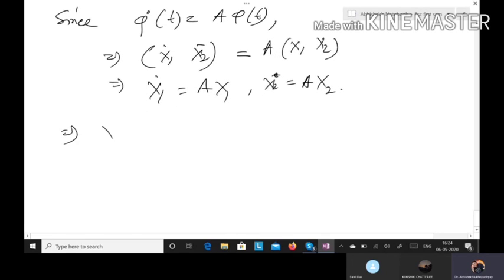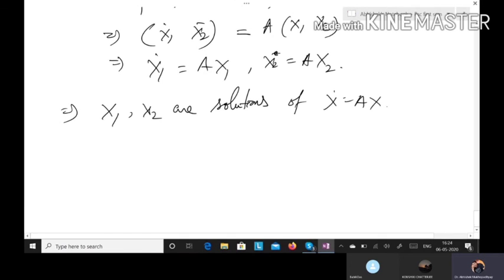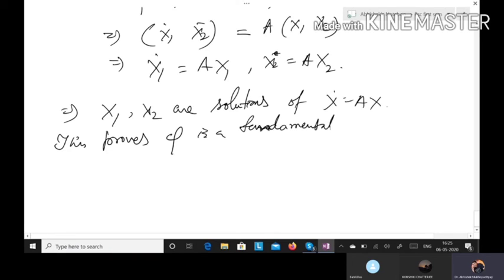So this in turn implies that x1, x2 are solutions of the given system x dot equal to Ax, and this proves that phi is a fundamental matrix of the system at t naught.